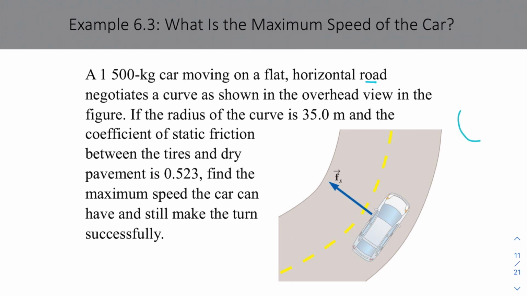Just imagine if this is the tire, how is the tire going to move? This is the road. The contact area between the tire and the pavement is held statically by frictional force.